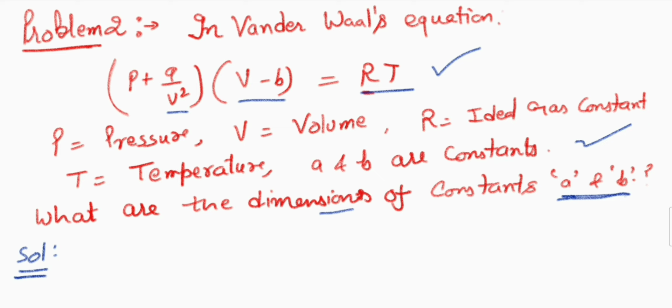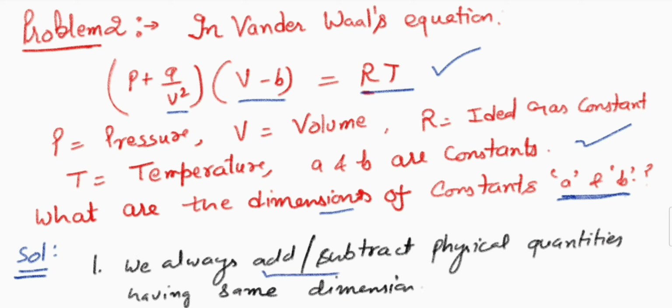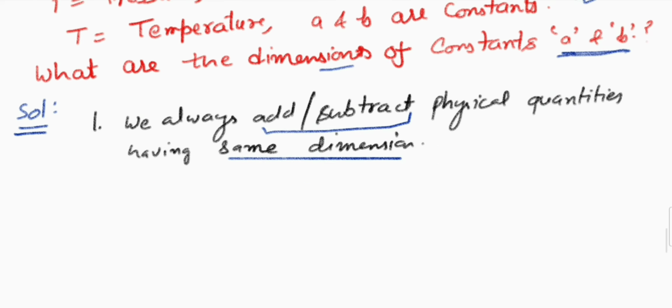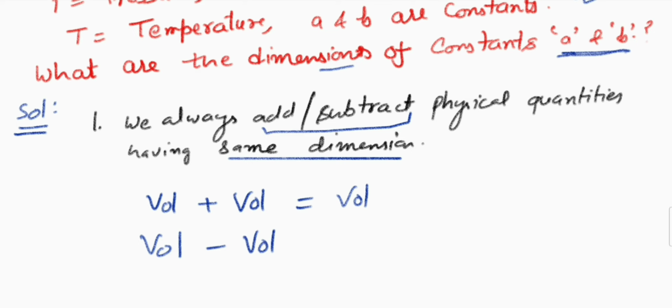To solve this type of equation, we have to remember we always add or subtract physical quantities having the same dimensions. Like we always add volume with volume, and we will get volume only. If we subtract volume from volume, we will get volume only.